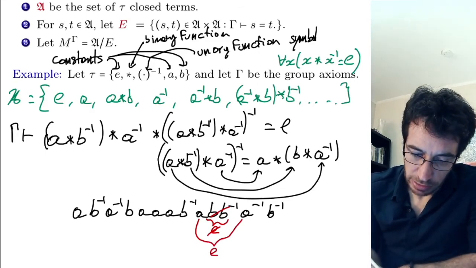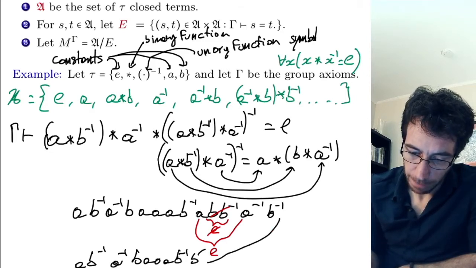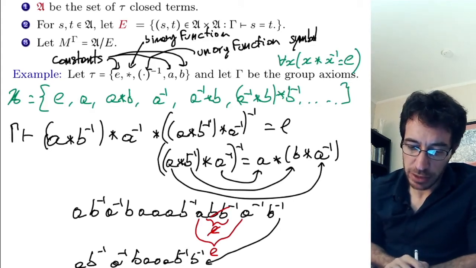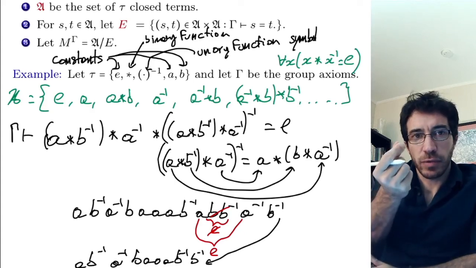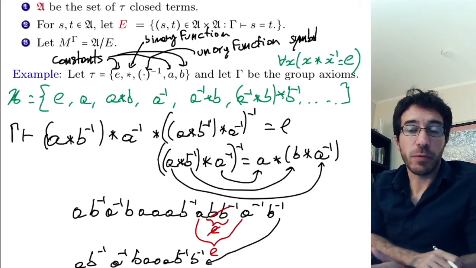So you get A, B inverse, A inverse, B, A, B inverse, B inverse. That one comes there. Okay, so that's what is called the free group. Everything you can write with this. The E's don't count because they can cancel. The inverses, when they are next to each other, cancel, and that's the object we have.